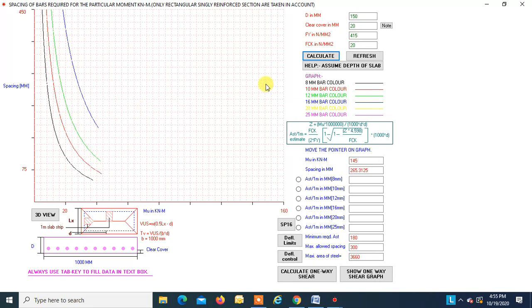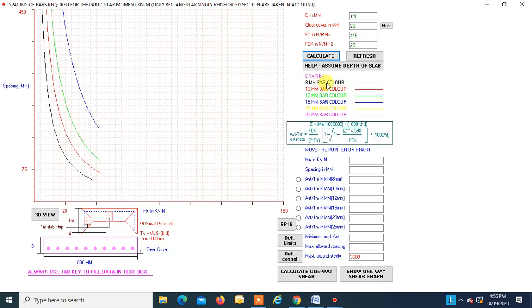Okay. So we know in case when the depth is 150 mm, we cannot use a diameter of bar greater than d by 8. So in this slab, we cannot use diameter of bar greater than 16 mm. The maximum diameter of bar that can be used is 16 mm. You can draw the graphs. This black graph is for 8 mm bar.